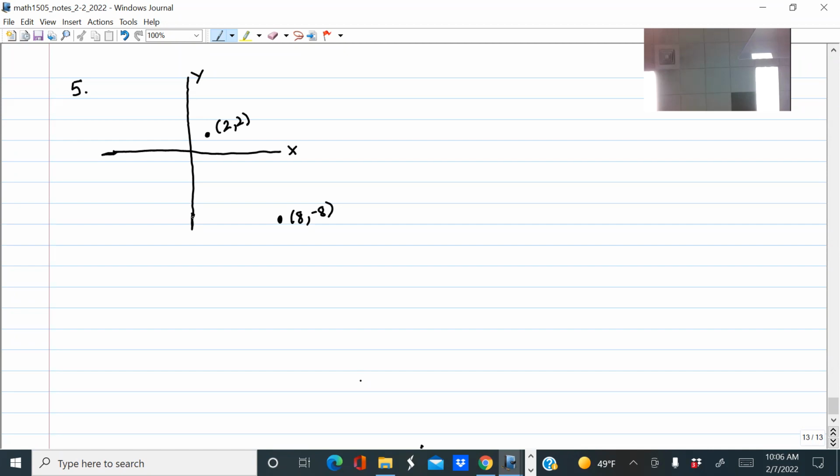One easy point that's the same distance from the two points is the midpoint, and that's easy to calculate. But we don't want the midpoint, because that's obviously not going to be on the y-axis. We want a point on the y-axis that's the same distance from these two points. So just eyeballing it, maybe right there. Does that look right?